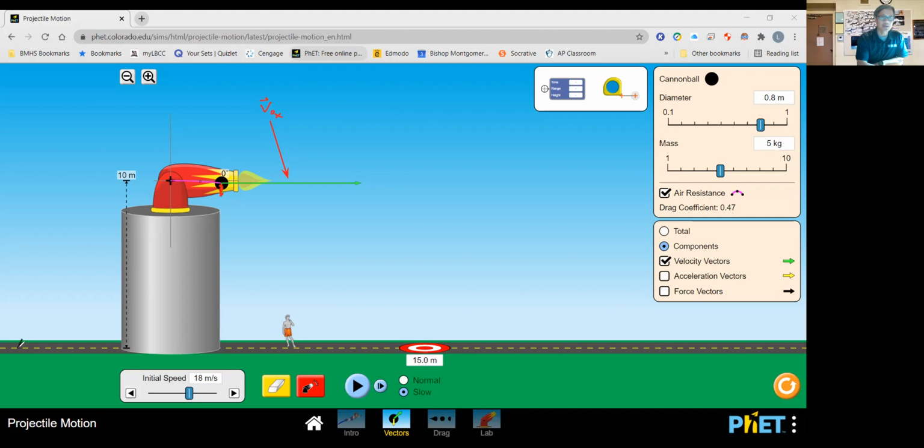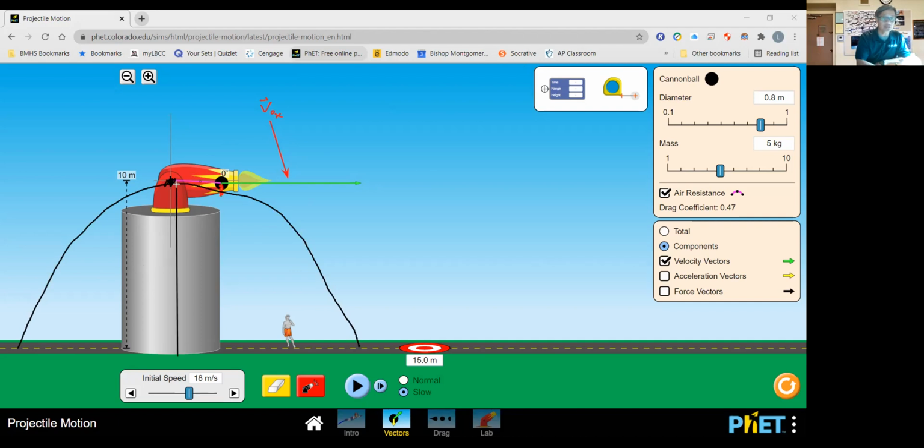You can imagine that what we're doing here is essentially taking the cannon and moving it up to the very height of that pathway. We are looking only at the downward trajectory, and we are going to ignore the upward part of the projectile motion.